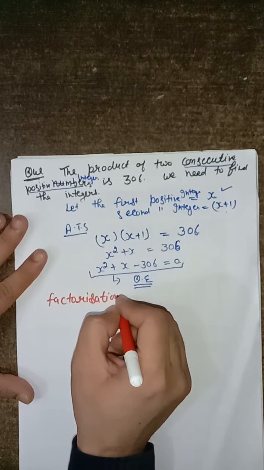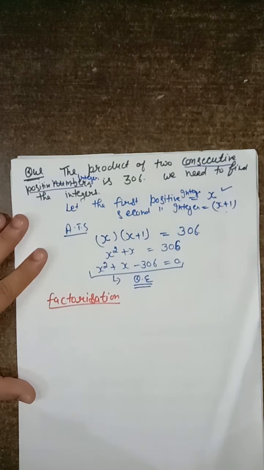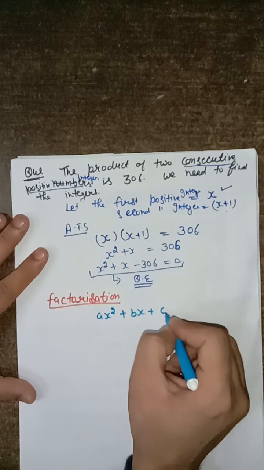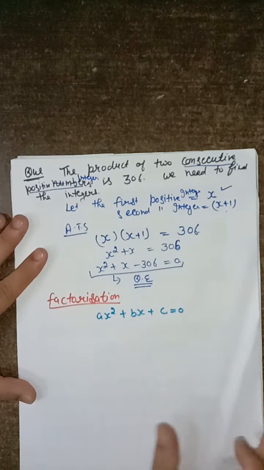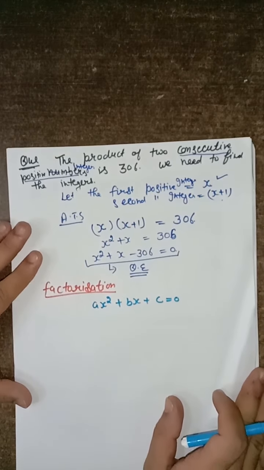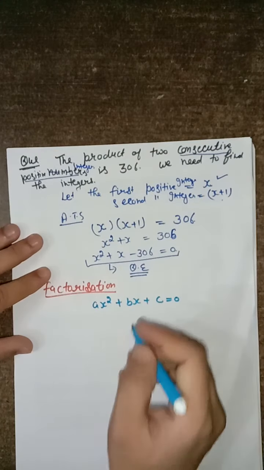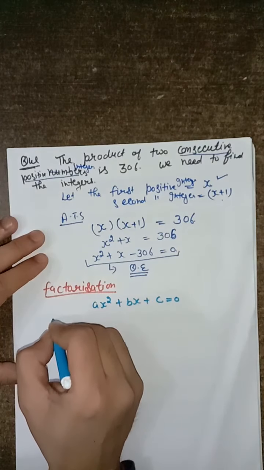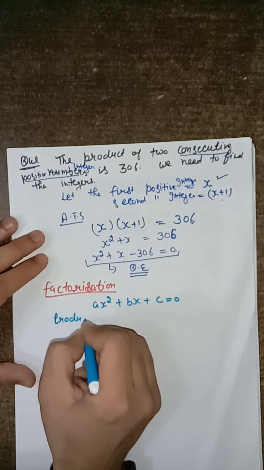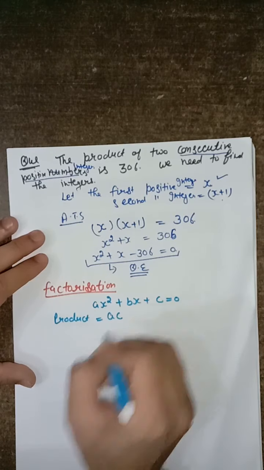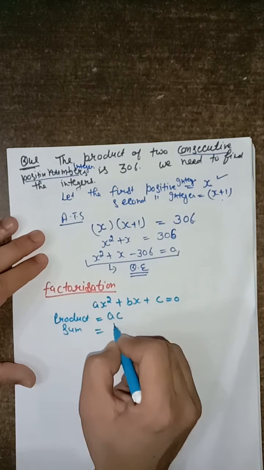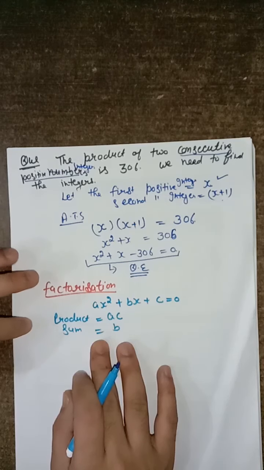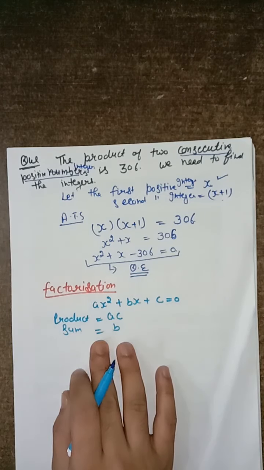Students, if ax square plus bx plus c equals 0 is my general quadratic polynomial, then in factorization we find two numbers whose product should be equal to a into c and sum should be b. This is the method of factorization to find the factors of the equation or roots of the equation.